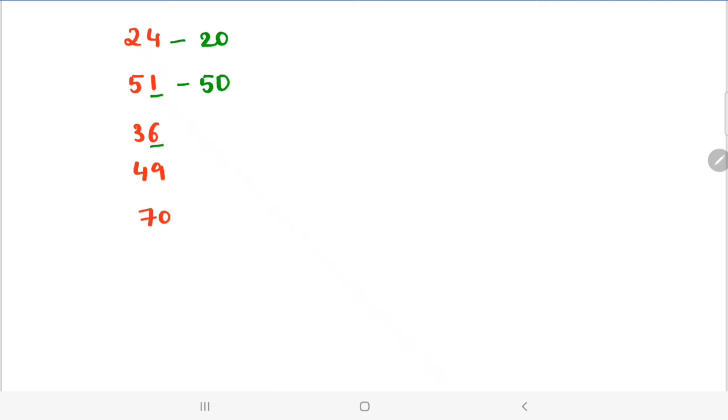If you have 6, we are going to round it off to 40, because if you have 6, we should go to the next number, 40. If you have 36, we should go to 40. If you have 9, we should write 50. If you have 70, as 0 is there, you will write the same number as it is.